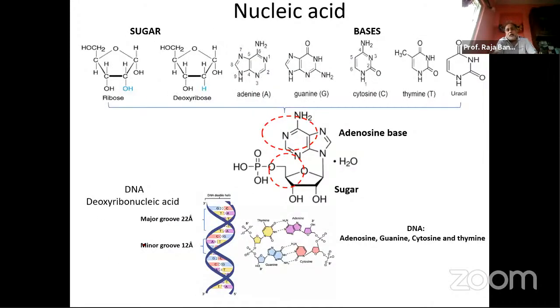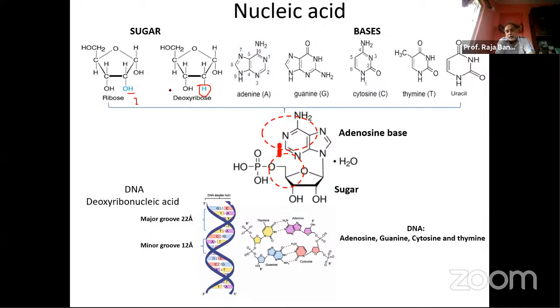Similarly, in the case of the basic nucleic acid, we find the sugar. There are two types. I have already told you this is the 2' position. If there is an OH group here, it is called ribose, and if it is not there, this is basically the deoxyribose.